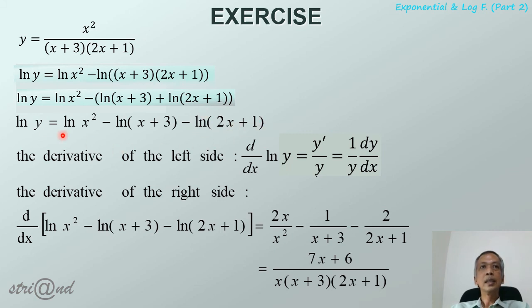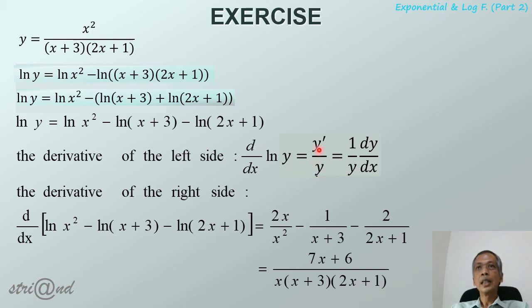And then let's find the derivative of the left side. The left side is the natural logarithm of y. So the derivative of this natural logarithm with respect to x is the derivative of y divided by y.